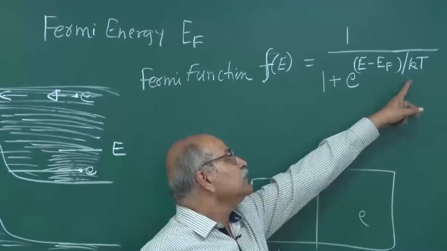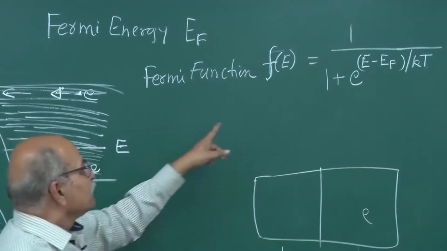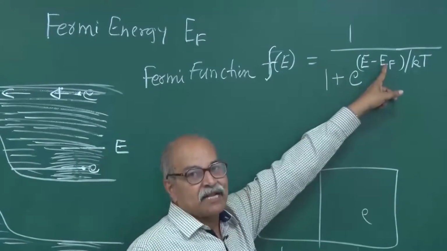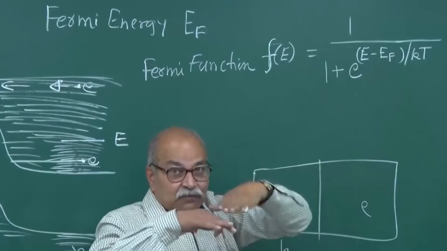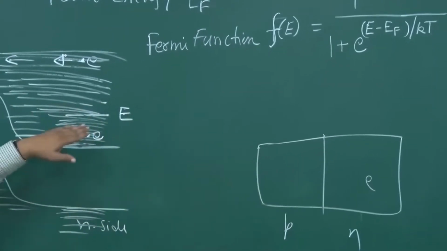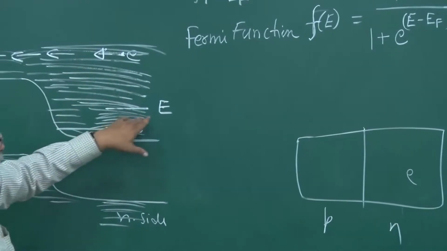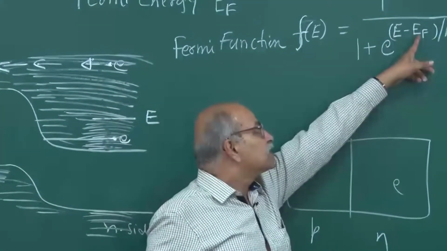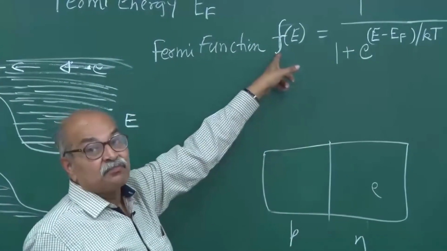It depends on temperature, and this is the energy of the quantum state I am asking about, and EF, the Fermi energy, is the parameter which you have to keep the same. So as a function of energy with a fixed EF and at a fixed temperature, you can calculate the probability.